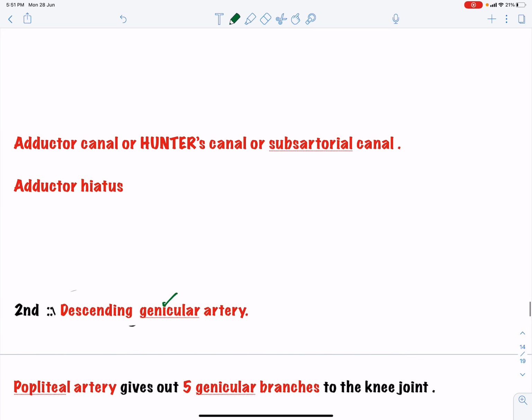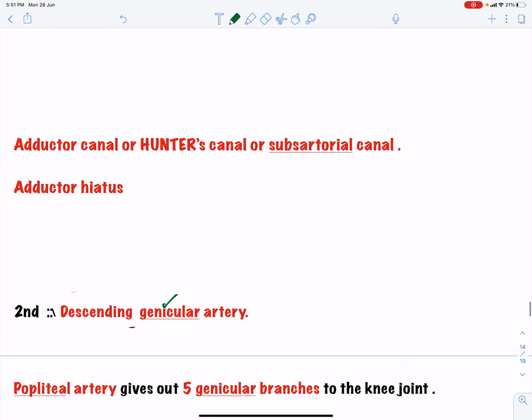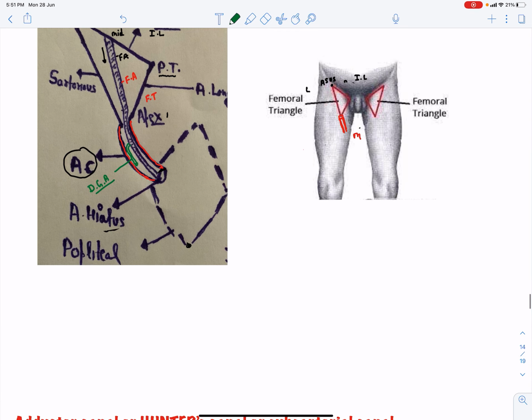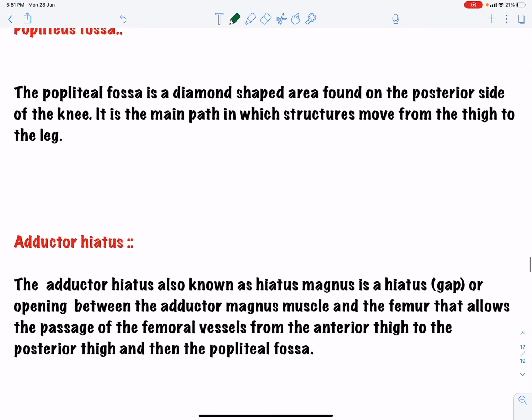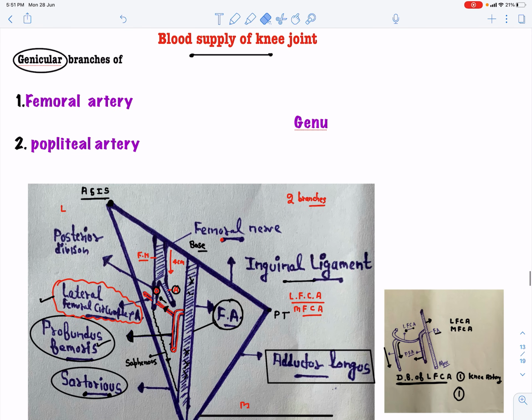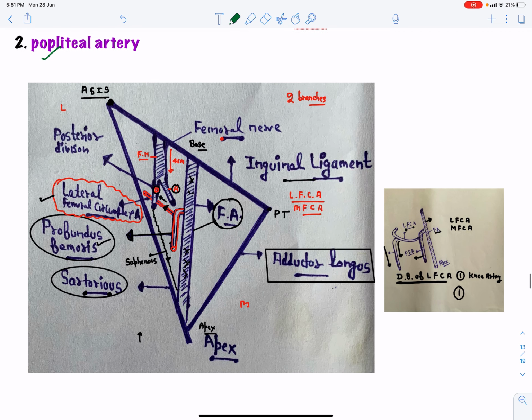Now we know very well what the popliteal artery is. The popliteal artery is the continuation of the femoral artery on the posterior side in the popliteal fossa. As I told in the starting, our knee is supplied by genicular branches of the femoral artery and the popliteal artery. So what is the popliteal artery?